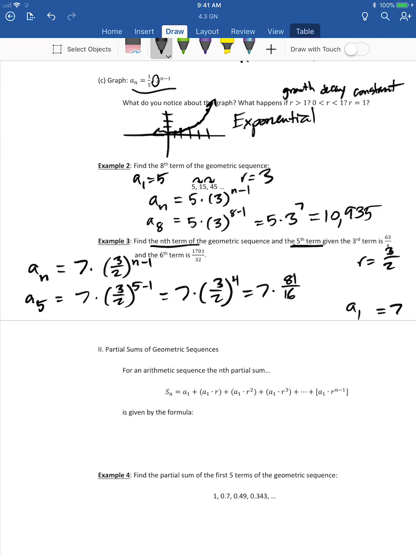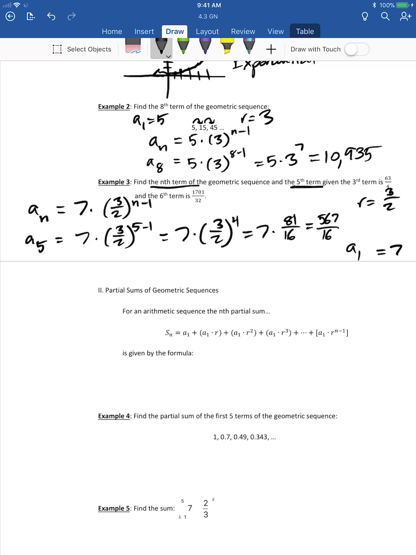And you can plug that into a calculator and get an answer, but it'll end up being 567 over 16. And that might simplify, but I don't have a calculator right next to me. So that's all you need to do. Not too bad.